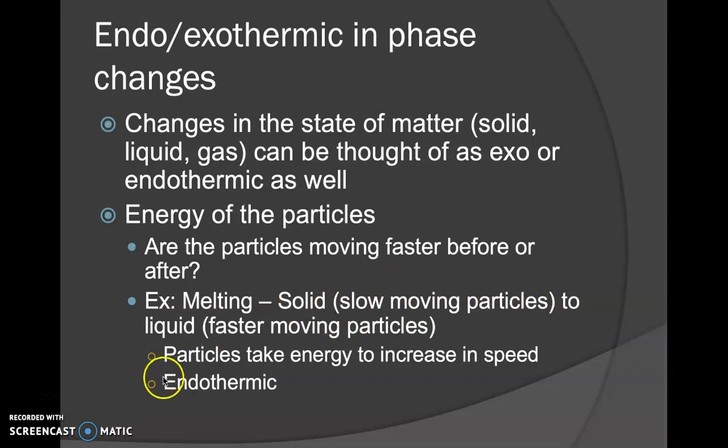They're just barely vibrating. And that solid is melting into a liquid, which has faster-moving particles. The particles take energy to increase in speed, which means this is an endothermic process. Okay, again, this is really counterintuitive because if we think of like an ice cube, solid ice is much colder than liquid water.